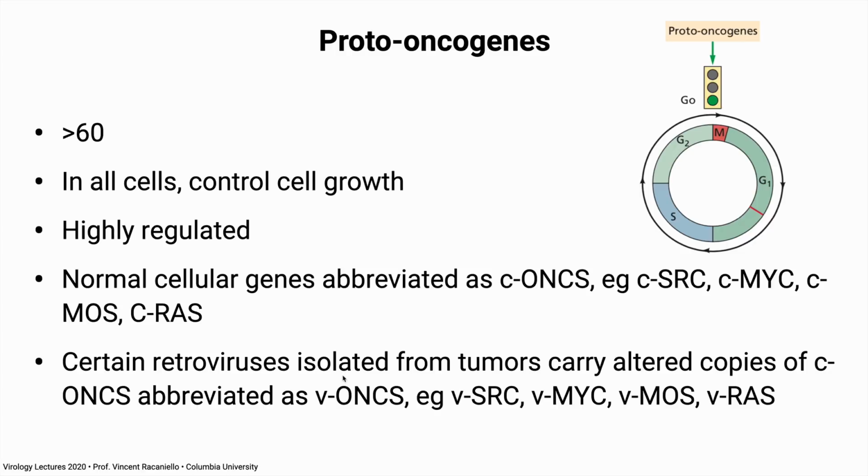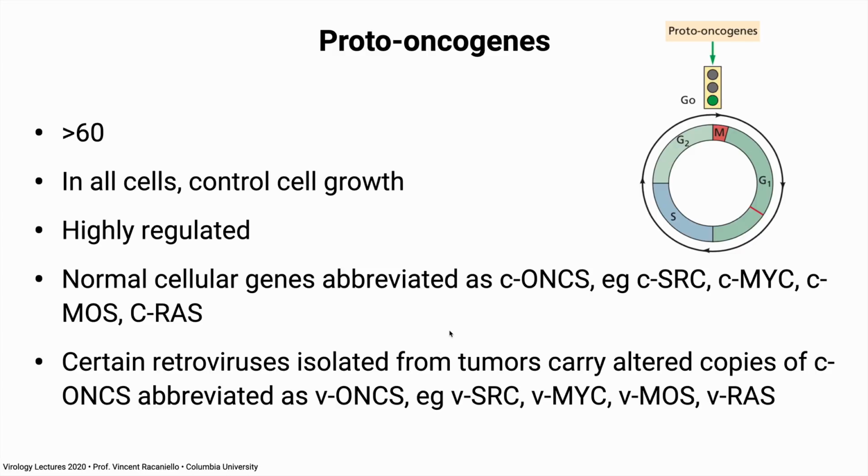So sometimes the viruses pick up the normal cell gene and they just overproduce it, and that's why it transforms the cell. But sometimes in the process of being picked up by the virus, the oncogenes sustain additional mutations that make them even more potent in terms of activating.